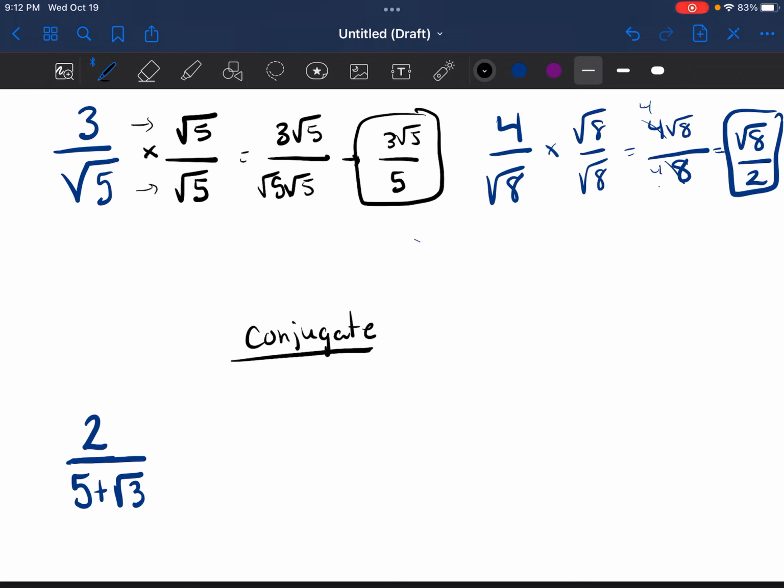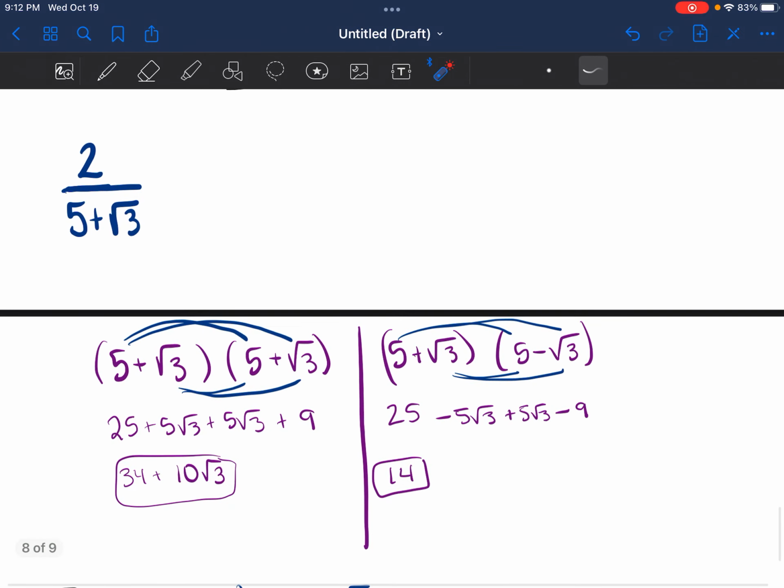The conjugate of a binomial is the same binomial with the opposite sign. And that is because we want to eventually be able to get rid of this square root symbol. So I want to multiply by the opposite sign so that that square root symbol is gone.